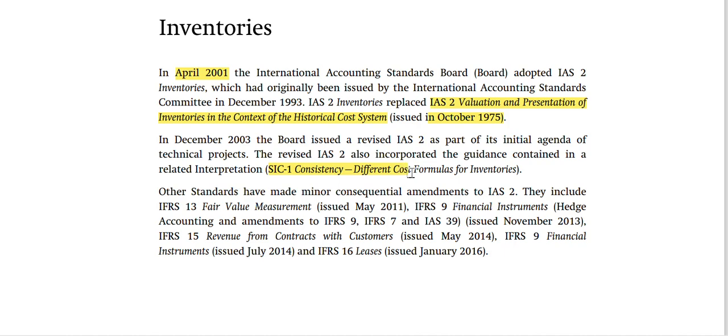So if you are reading International Accounting Standard 2, it is important to also look at SIC 1, Consistency: Different Cost Formulas for Inventories, for you to understand the cost formulas for inventory and to understand International Accounting Standard 2 more deeply. It is very important, candidates, that you also look at SIC 1.